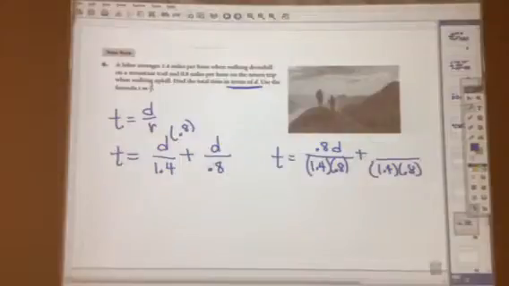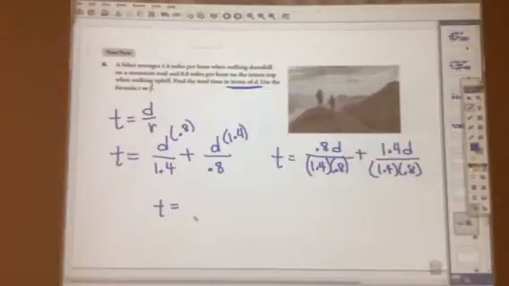What would I multiply this by to get this right here? It's missing the 1.4, so I would multiply my numerator by 1.4. So this would be 1.4D. Then I would just add my two numerators because I have like denominators.